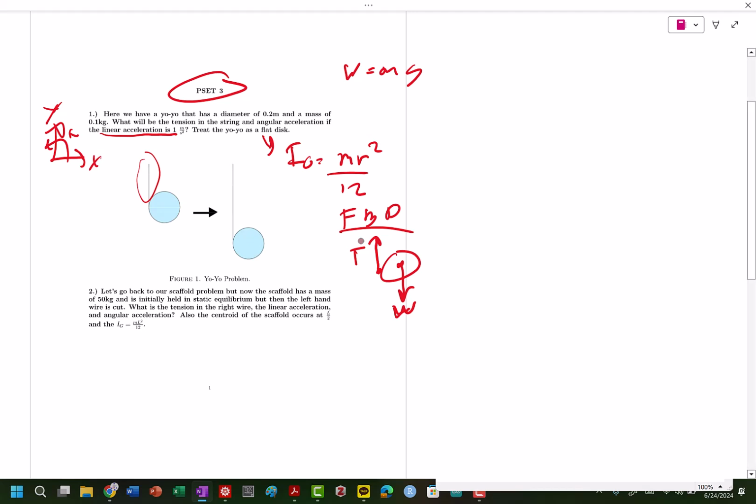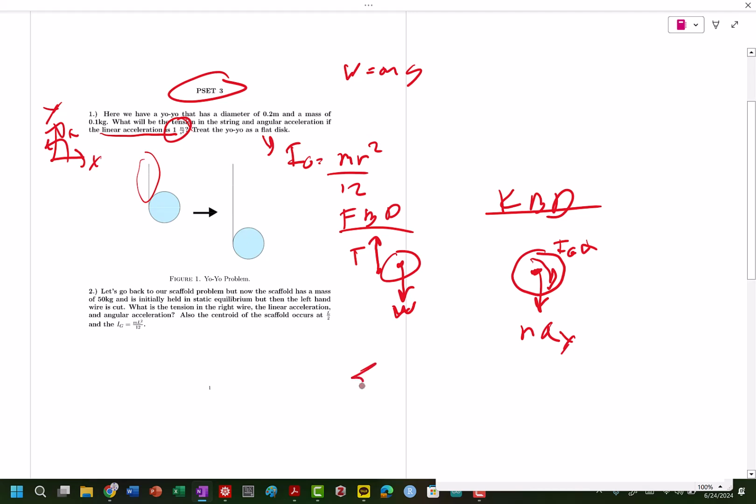So weight and tension, those are the values. Now we have our kinetic body diagram, where we draw the kinetics. There's going to be some angular acceleration, some Ig alpha here. There's also going to be some linear acceleration, mass times the linear acceleration in the y direction, and we already have that value right here.